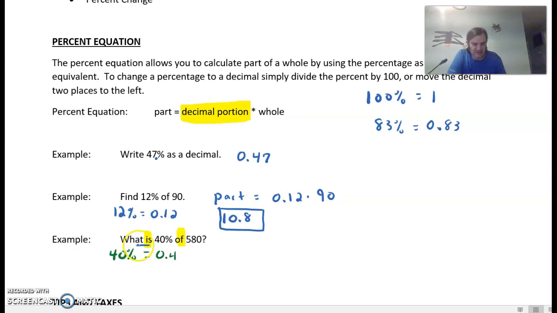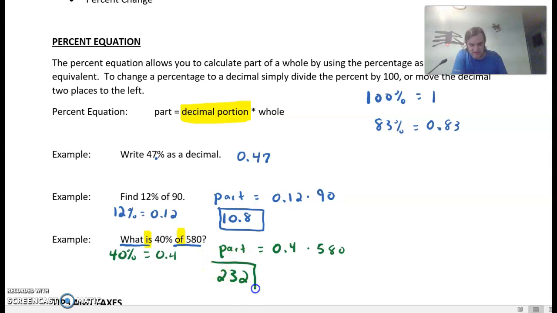So what is, that's the part, of 580, that's the whole. So the part that we're trying to find is 40%, and we're using 0.4, the decimal equivalent, times the whole, which is 580. So just mashing some buttons on my calculator, 0.4 times 580 is 232.